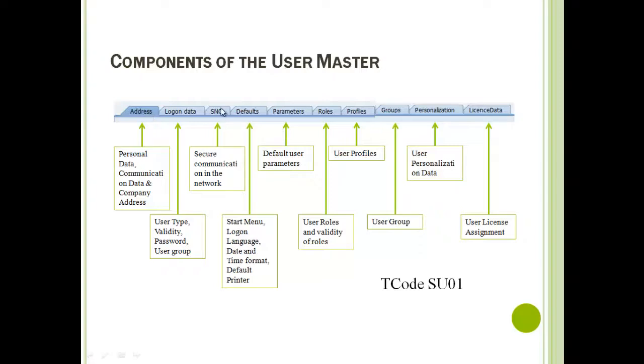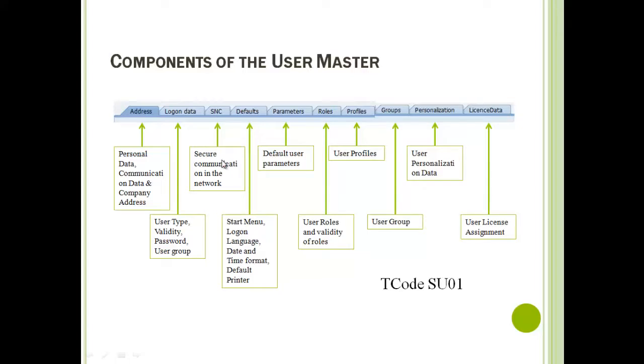In this tab, we call these tabs, we define all the personal data and the communication data, email address and company address and so on. Next one is logon data. This logon data will have user type, validity, password and user group and some more information like cost center, account number and stuff like this.